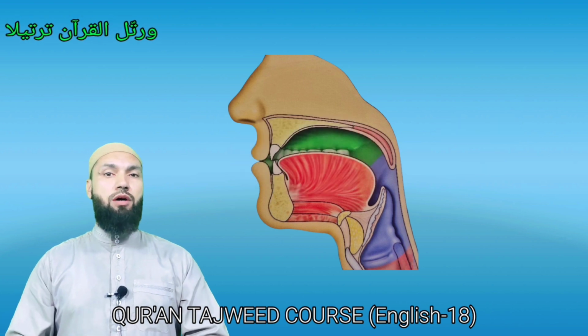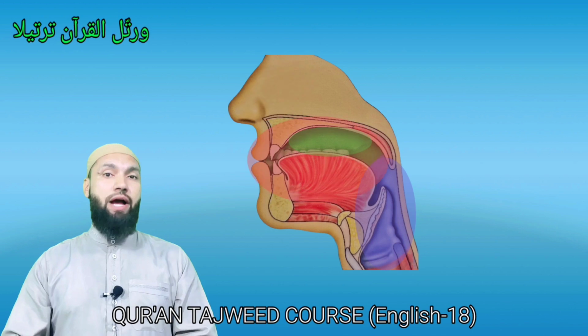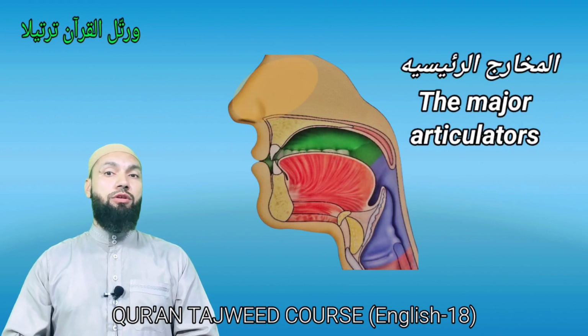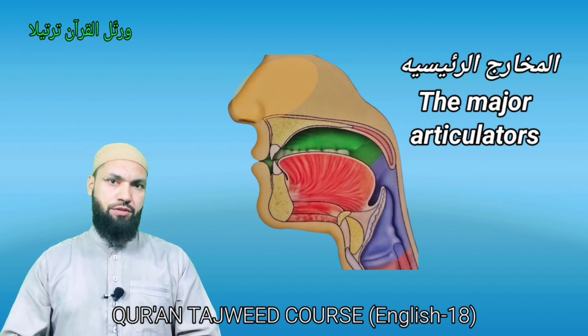These are the 4 major articulators or areas of articulation in our vocal tract, and they are called al-makhraj al-ra'isiyya, which simply means major articulators.